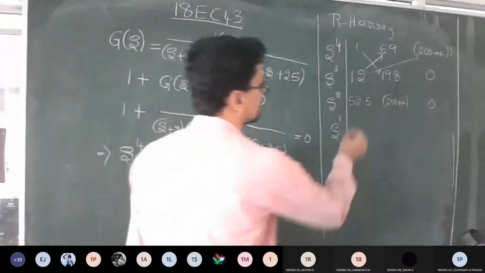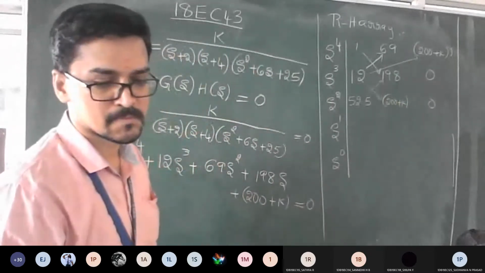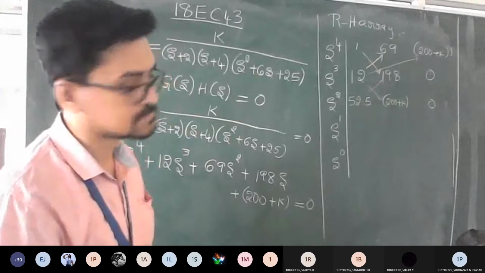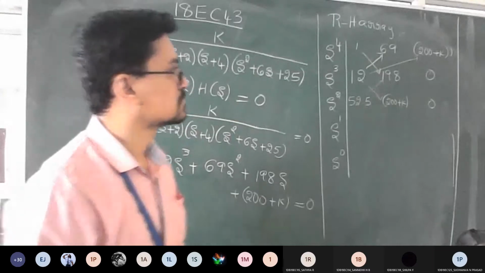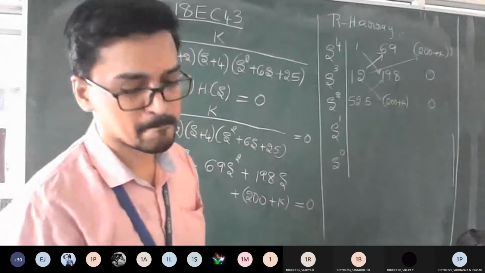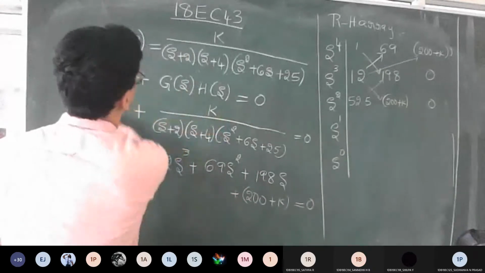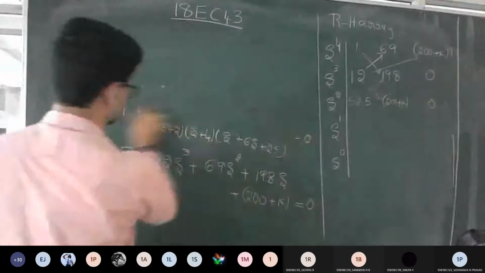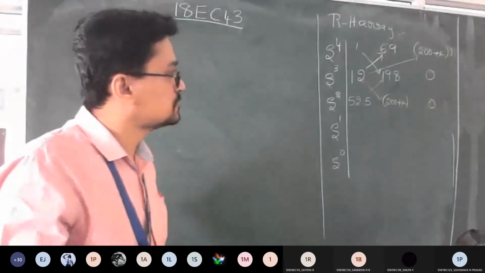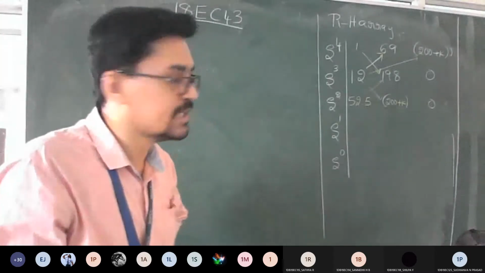What is next? Next, 52.5 into 198 minus 12 into 200 plus k whole divided by 52.5.